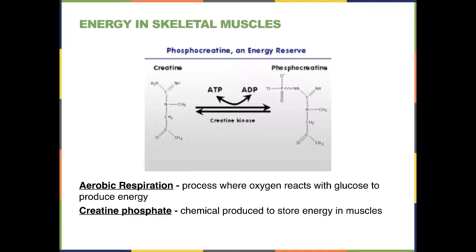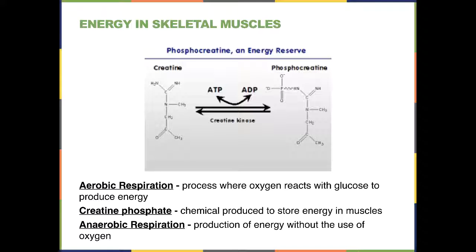Creatine phosphate is the chemical that's produced during this process in muscle, and it stores the energy in the muscles. And creatine phosphate is then used at times of energy need, the reaction proceeding from the right to the left, to produce ATP that is necessary for contraction to occur.